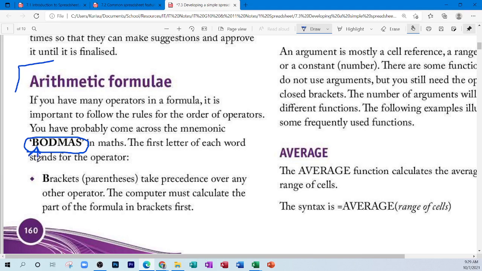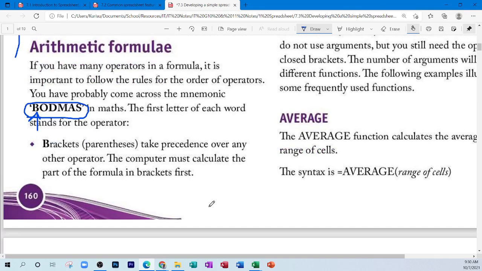In some cases, it even uses brackets because just like in a normal equation in maths, when you want some part of the equation to be calculated first, you put it in a bracket. It's the same for your formula. If you want a certain part of your formula to be calculated first, then you put that in a bracket.